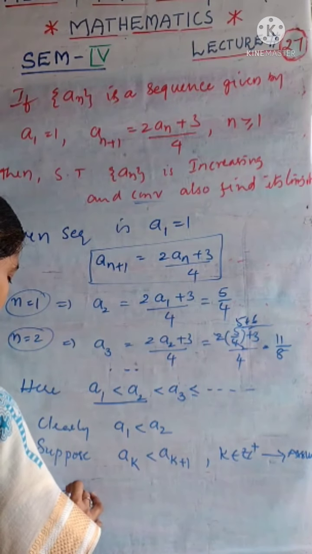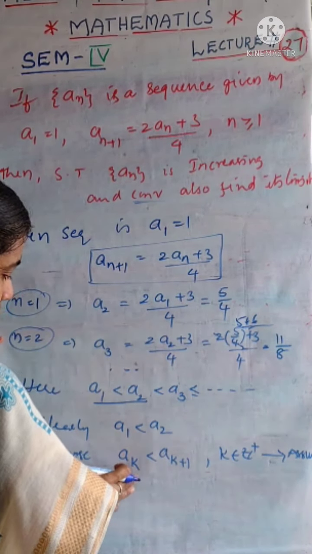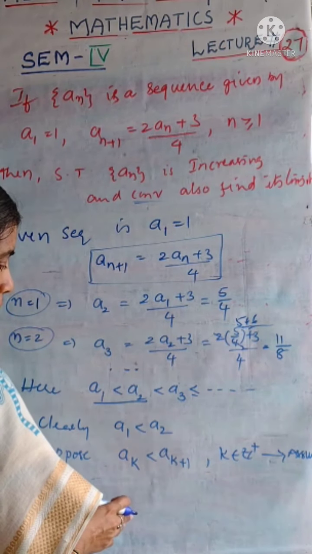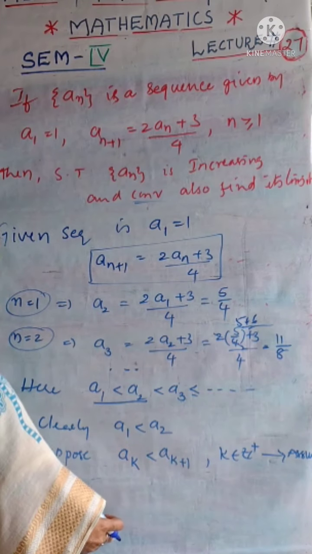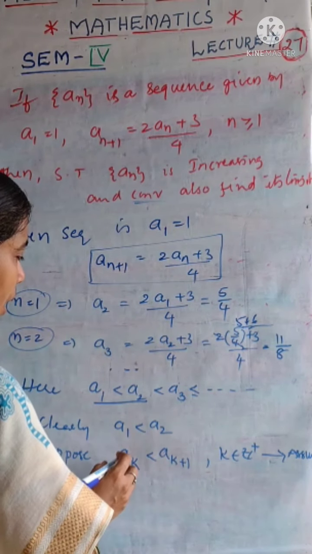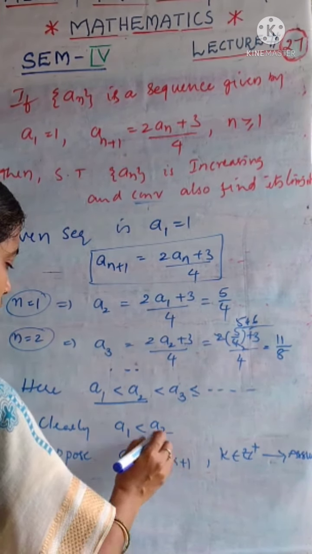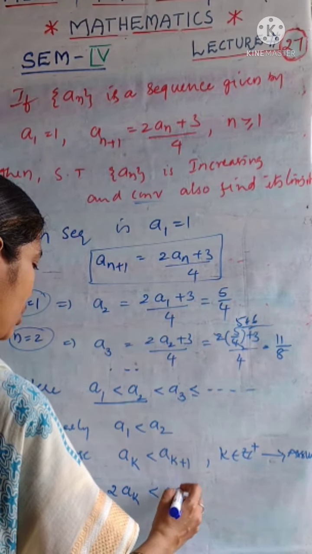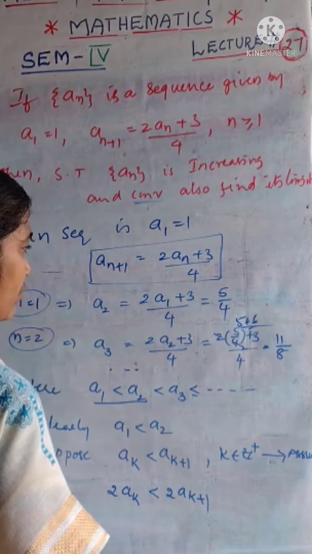Now let us make the left hand side a_{k+1} and the right hand side its consecutive term. For that I want to multiply this inequality with 2. 2 is a positive quantity, so there is no change in the inequality.